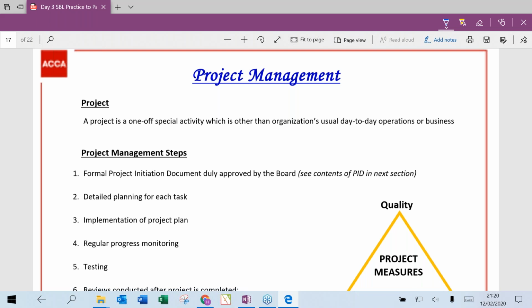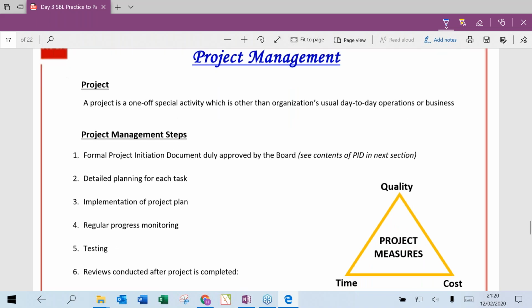And of course, a project involves time, big money, big investments, and the future of our business strategy depends on how successfully that project is handled. So the bottom line is that project management is a very important aspect for any business.